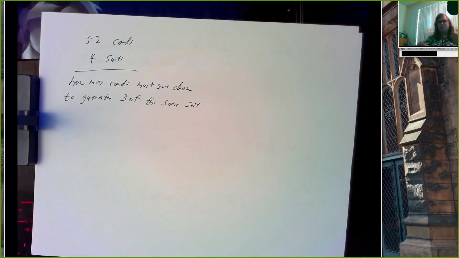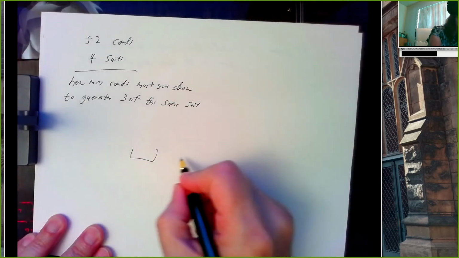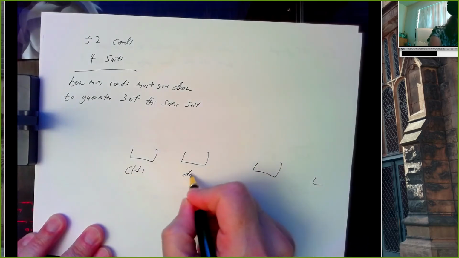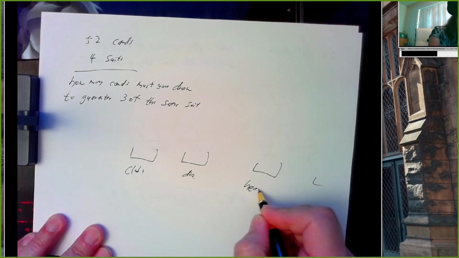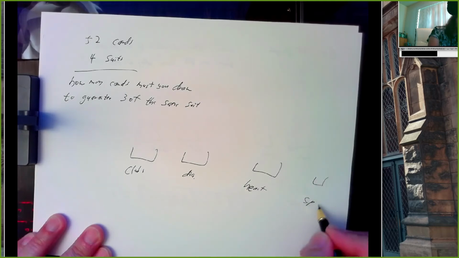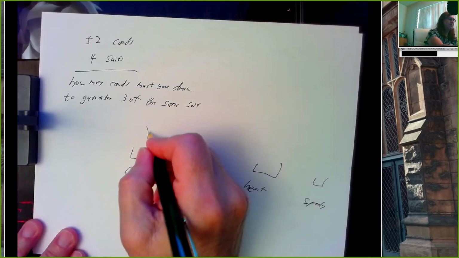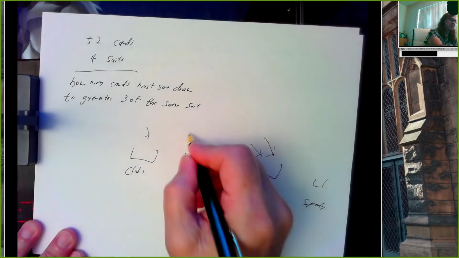And this is kind of a reverse direction to how we've been using the pigeonhole principle. And so we're going to picture 4 boxes: clubs, diamonds, hearts, and spades. And each card you draw is going to go into one of these boxes based on what the suit is.